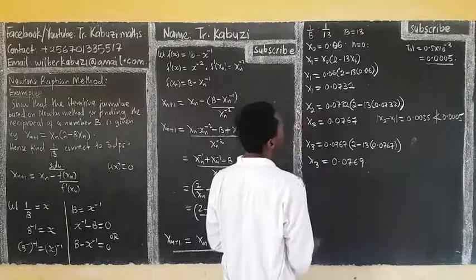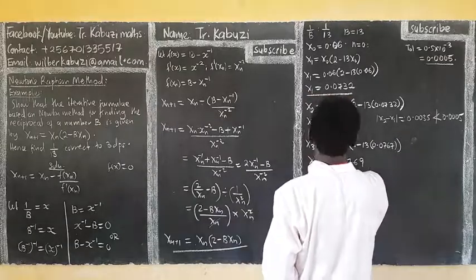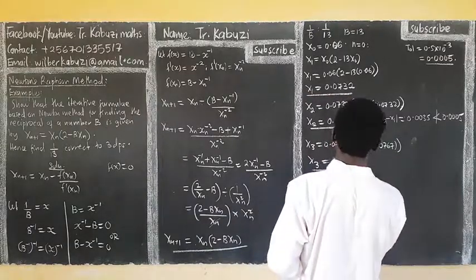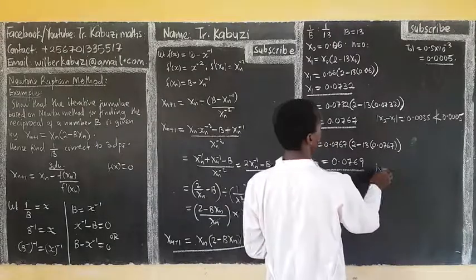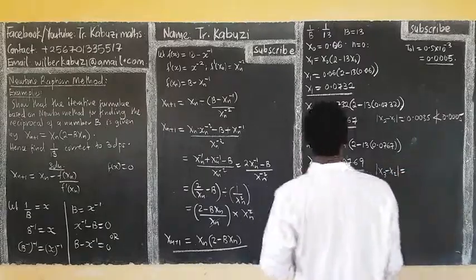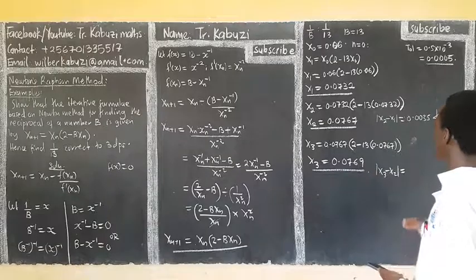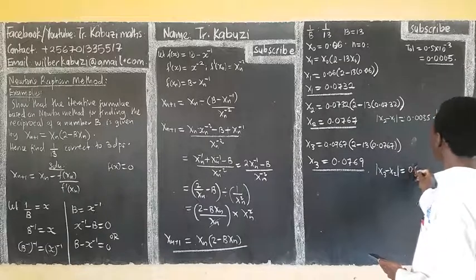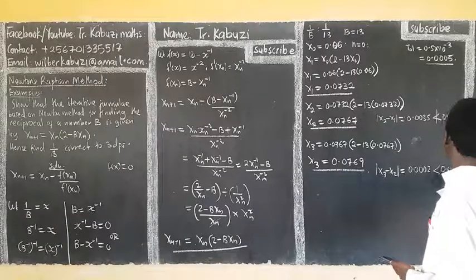Then our x3 here, the answer we shall get is 0.0769. This was my first, this was my second, then this is my third value. Then I check for the tolerance or the error. So x3 minus x2, what do I get? If I get this minus this, we get 0.0002, and it's less than 0.0005.